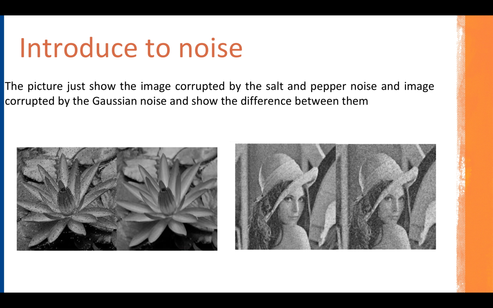And then I want to introduce two pictures. This picture is corrupted by salt-pepper noise, and this picture is corrupted by Gaussian noise. From these two pictures, we can get a clear idea of the difference between Gaussian noise and salt-pepper noise.